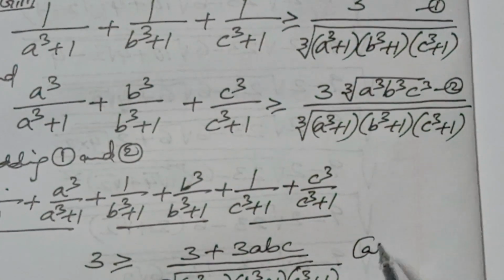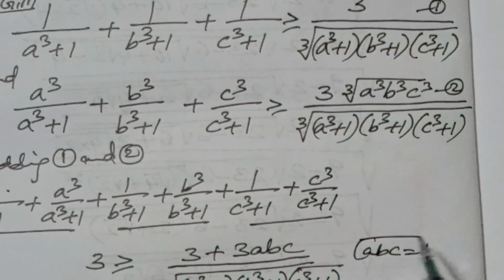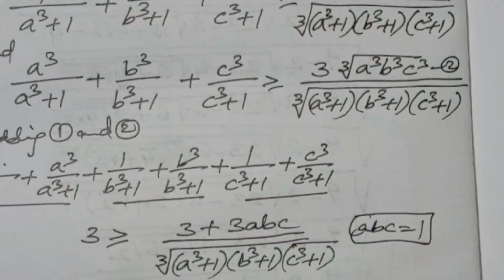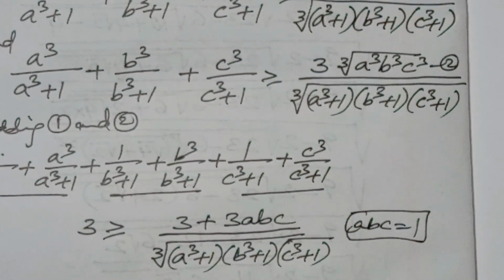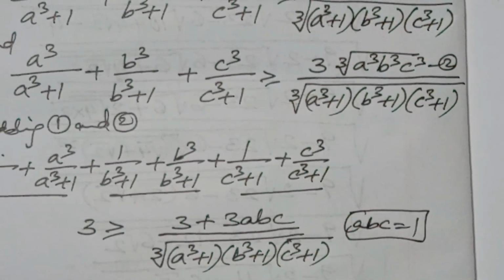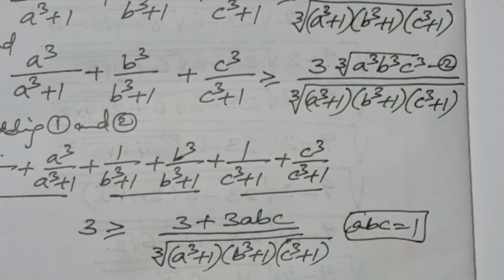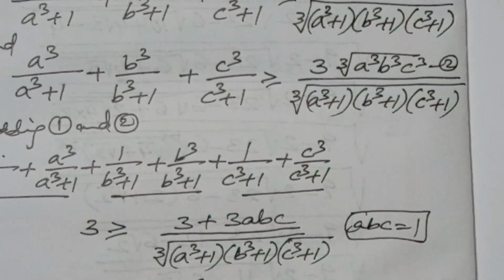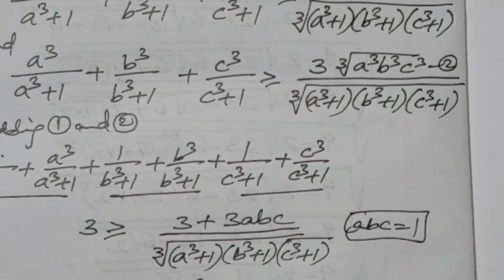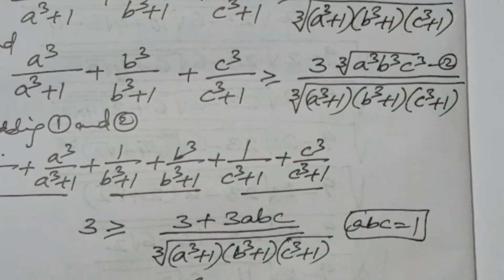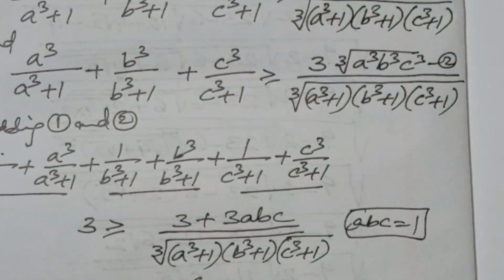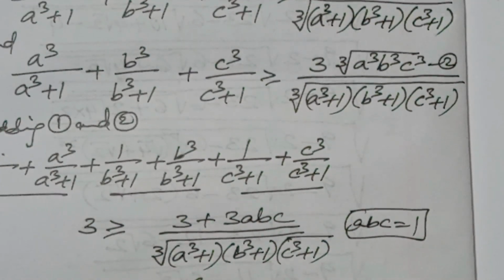Now given abc is equal to 1. If you substitute the abc value here, 3 is greater than or equal to 6 divided by the cube root of a cube plus 1 into b cube plus 1 into c cube plus 1.